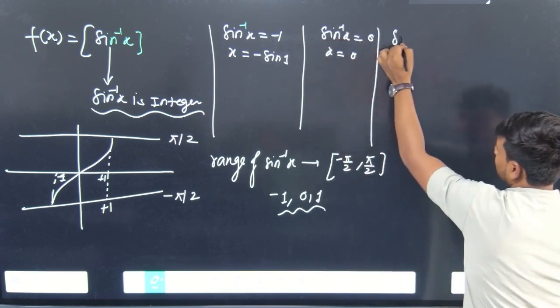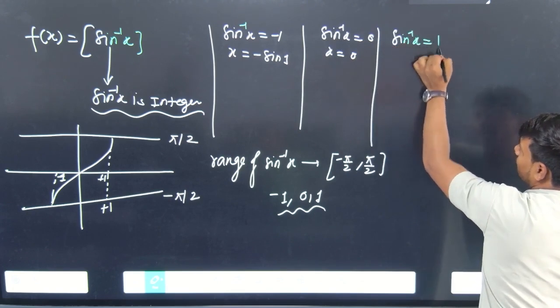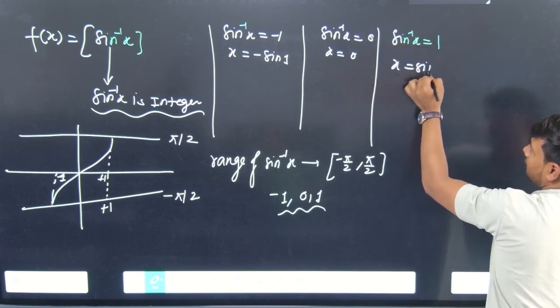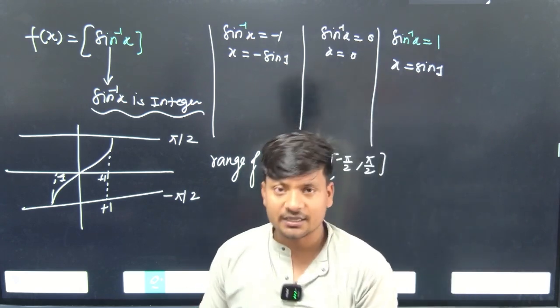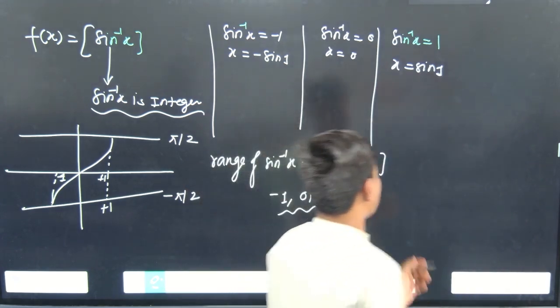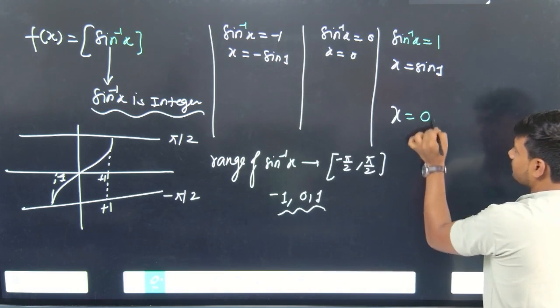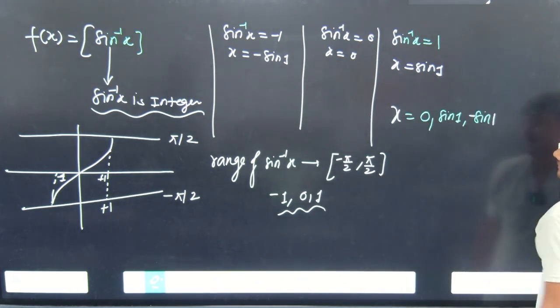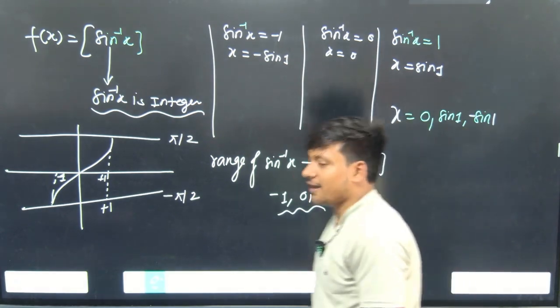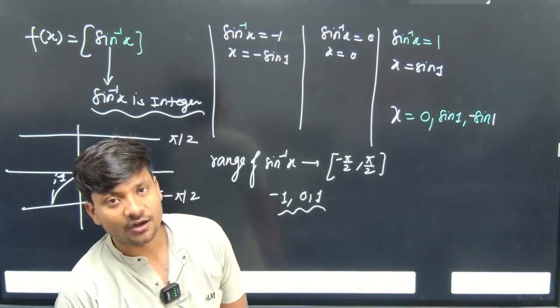And whenever sine inverse x takes 1, then x will be sin 1. That means this function is discontinuous at 3 points: x equal to 0, sin 1 and minus sin 1.